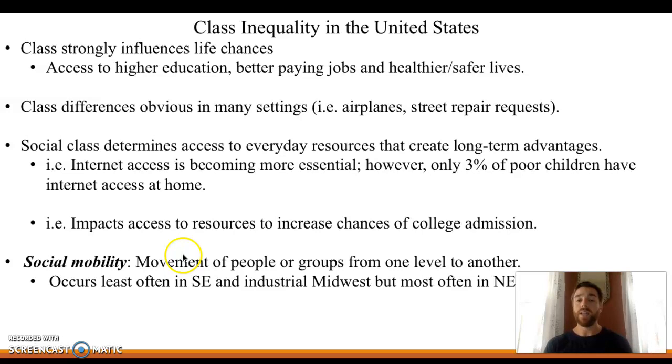It also has a major impact on later life outcomes. For example, if you grow up in the upper middle class or in the wealthy, if you grow up in a higher social class, you are likely to go to better schools. You probably live in neighborhoods that have less environmental risk and exposure. You're more likely then to have access to better paying jobs because of the better schools you get to and the higher likelihood you have of getting into college.